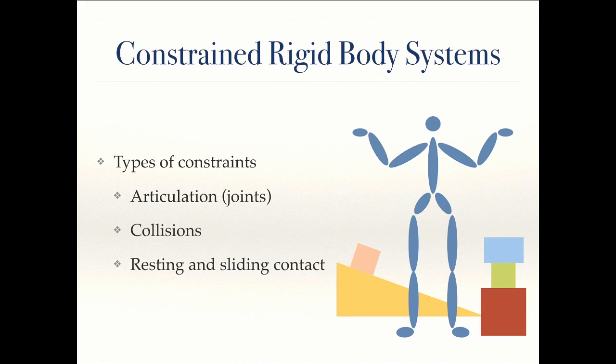Okay, so now I wanted to talk to you a little bit about practical constrained rigid body systems. There are different types of constraints that come up when we're simulating a bunch of rigid bodies together. A common one might be having joints between rigid bodies, and these are called articulation constraints. So here's my skeleton in front, and every different joint has an associated articulation constraint.